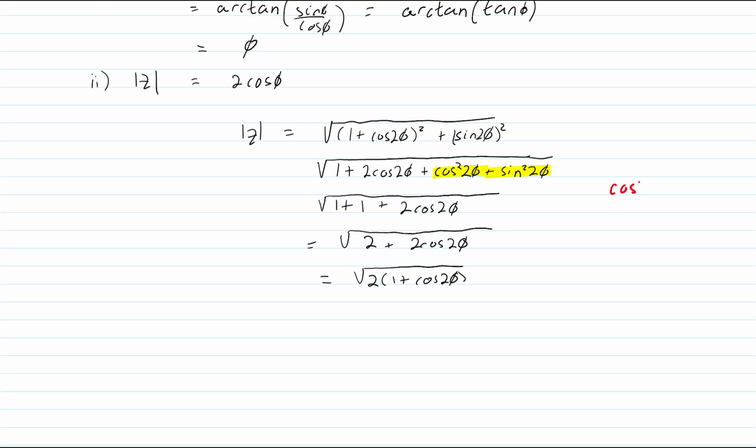So if we had cos 2 theta, well, that is going to equal 2 cos squared theta minus 1. So therefore then, as before, we get our cos 2 theta plus 1 is going to equal 2 cos squared theta.